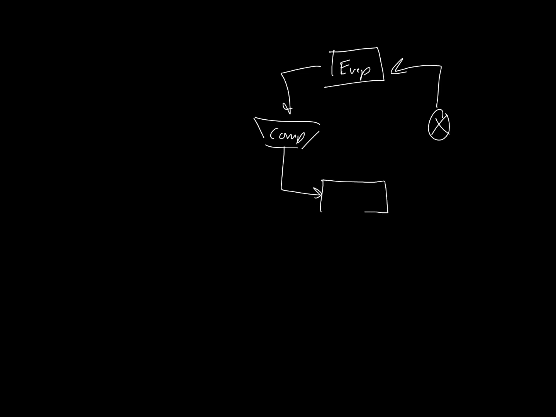We have an evaporator. We have an expansion valve. Then this goes into a compressor. We have a condenser. And that creates our full loop. We have heat going into the evaporator, and we have heat leaving the condenser.